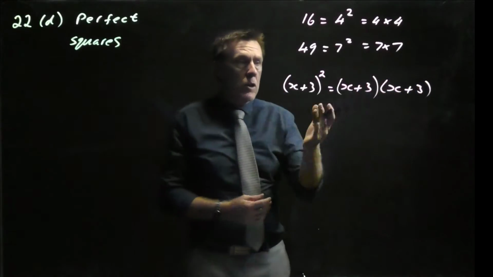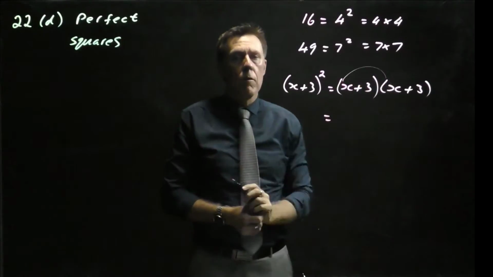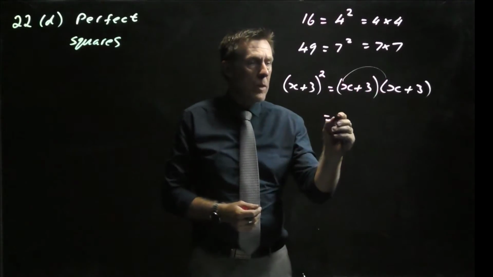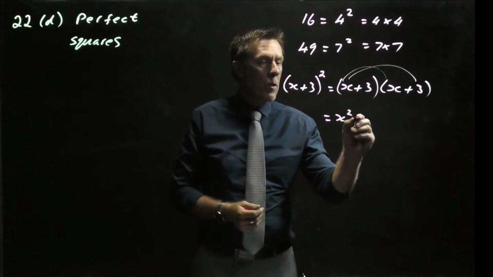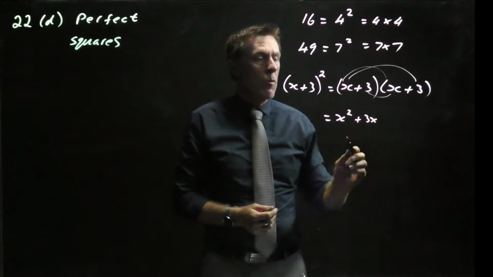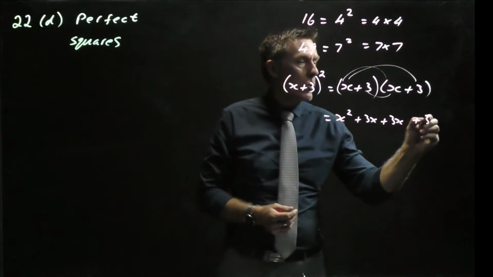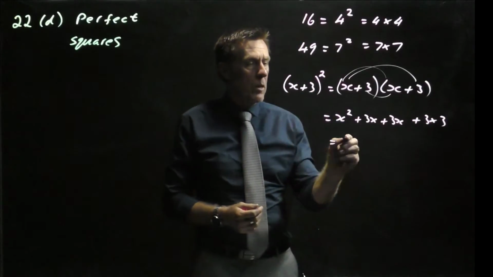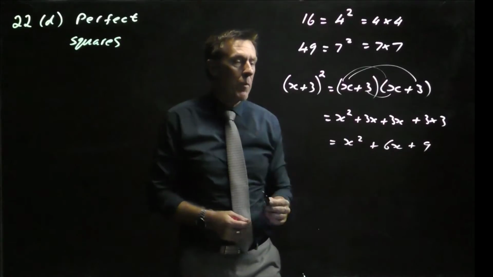Now, we've done that expansion before. We've timesed this out. It's going to be the first elements times each other. x times x is x squared. Then x times 3 gives me 3x. Then going back the other way, 3 times x gives me 3x again. And then 3 times 3 on the end, which is going to be x squared plus 6x plus 9.